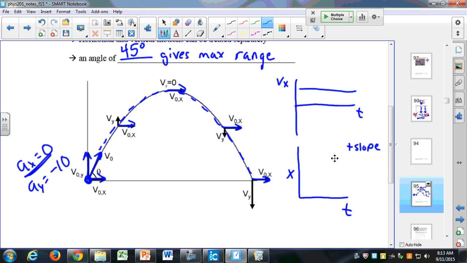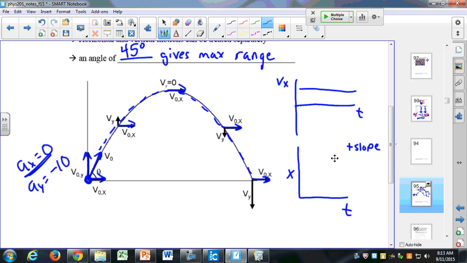No. We're looking at just the x direction. What happens to the velocity in the x direction? It's constant, right? So the slope of an x versus t graph gives us what? Velocity.